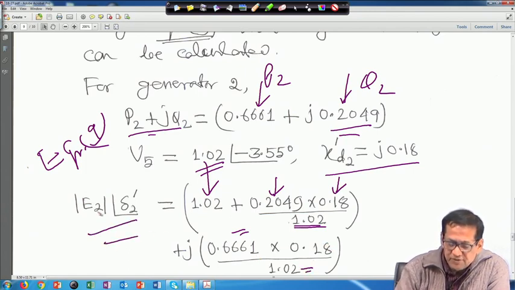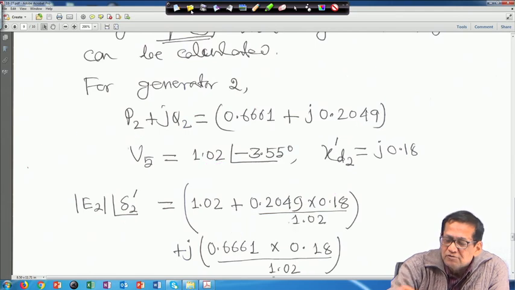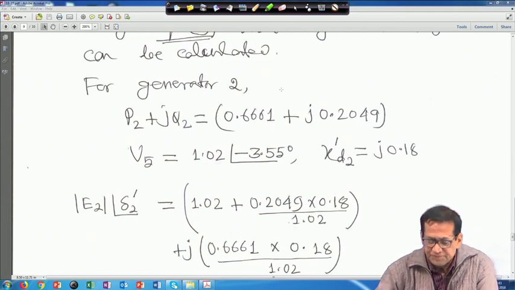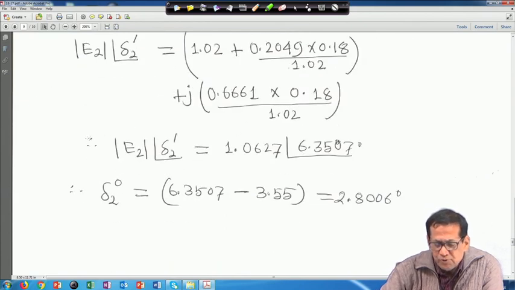That will give the magnitude and angle of the internal generator voltage. If you do so, you will get E2 angle delta 2 dash as 1.0627 angle 6.3507 degrees.